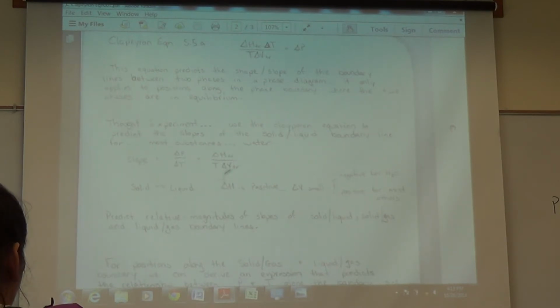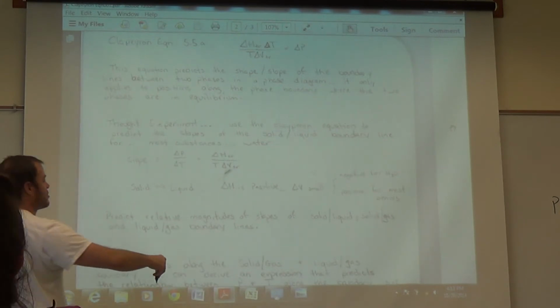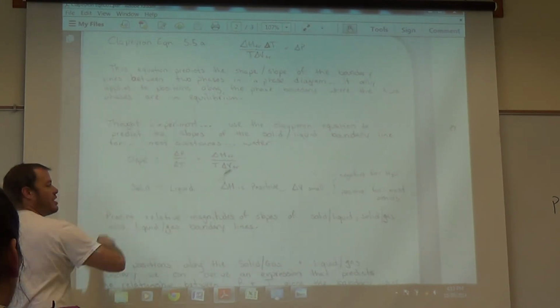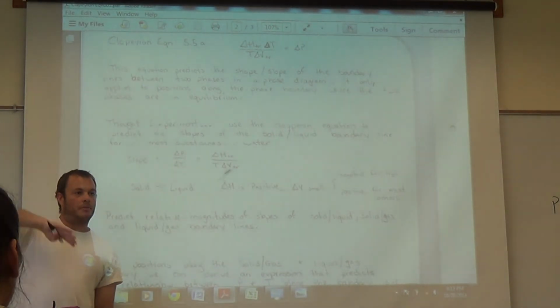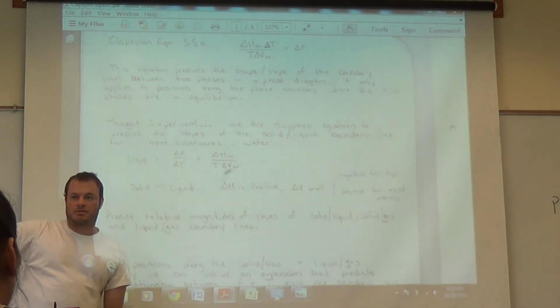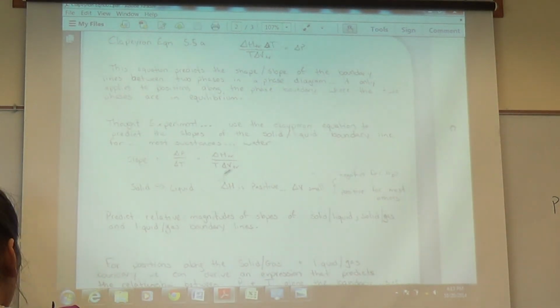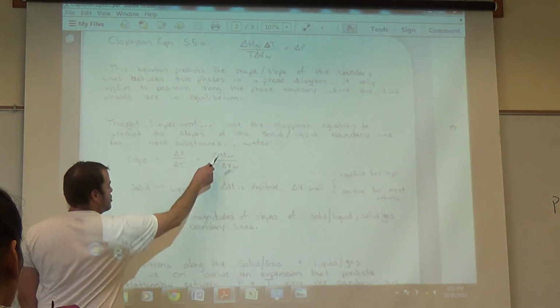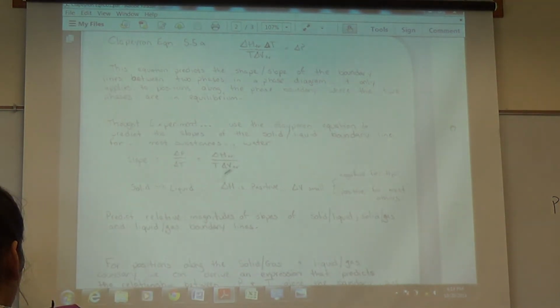So the slope is just delta P over delta T, right? How much does P change when T changes by a certain amount? Delta P over delta T is delta H over T times delta V, right?